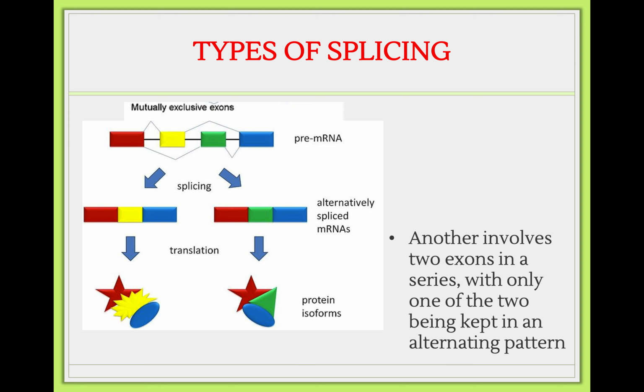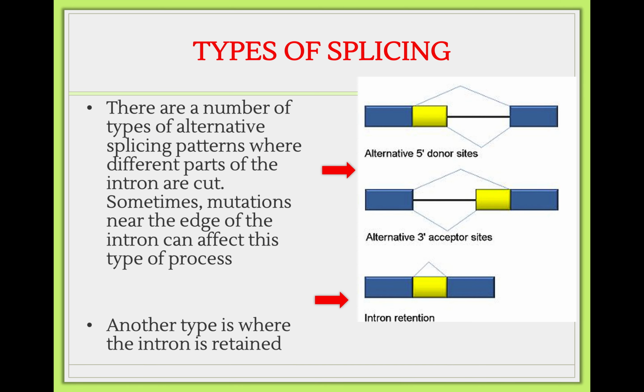Another one would involve 2 exons in a series with only one of the 2 being kept in an alternating pattern. This is what I've shown you early on, in the general overview, whereby exon 3 and exon 4 are being skipped. So you can get different isoforms being translated later on. There are also a number of types of alternative splicing patterns where different parts of the introns are cut.